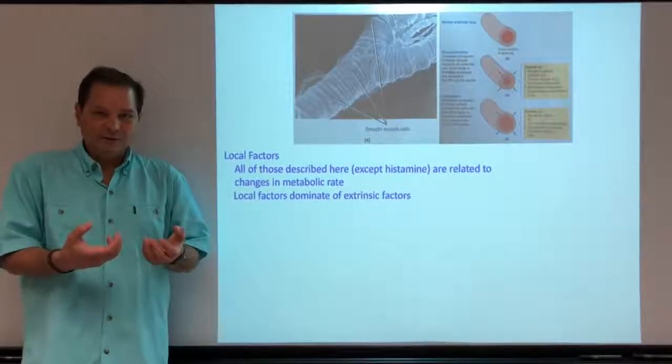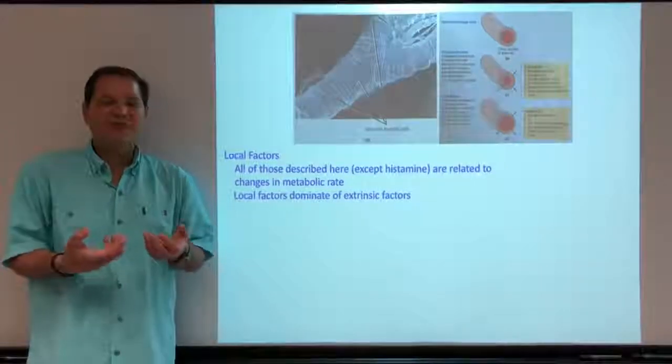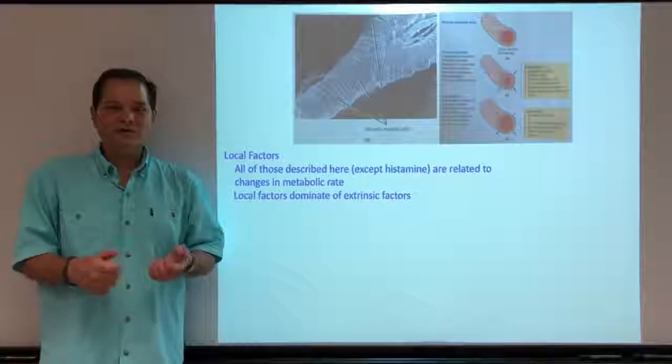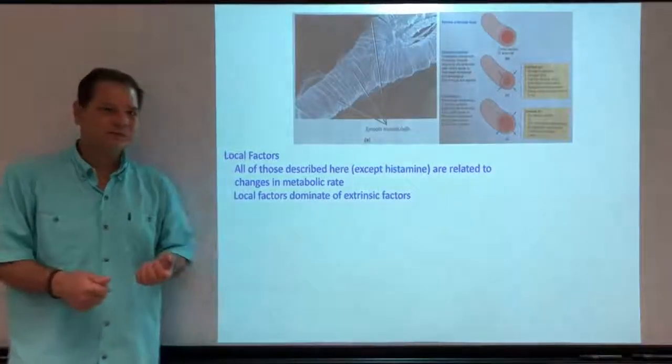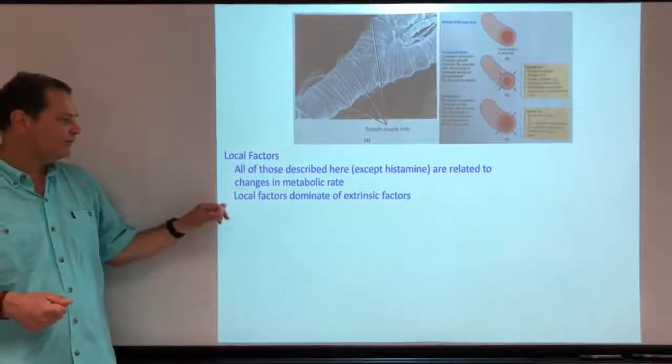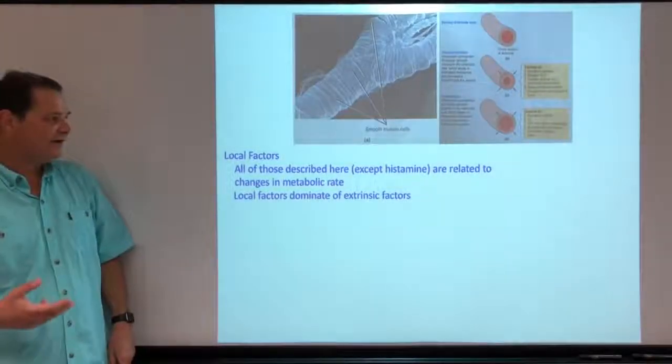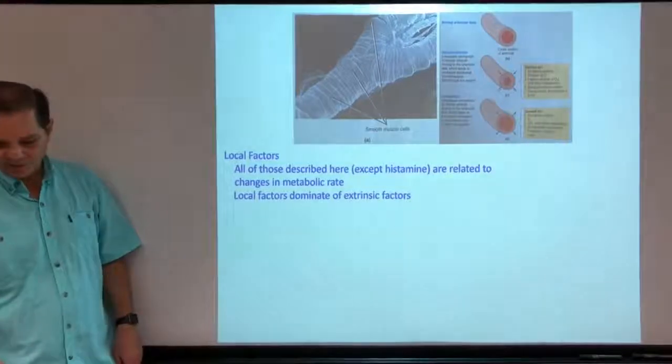So the local response dominates over the extrinsic response, which otherwise might try to cause constriction to increase mean arterial pressure. Local factors dominate, bear that in mind, over extrinsic factors as a general rule.